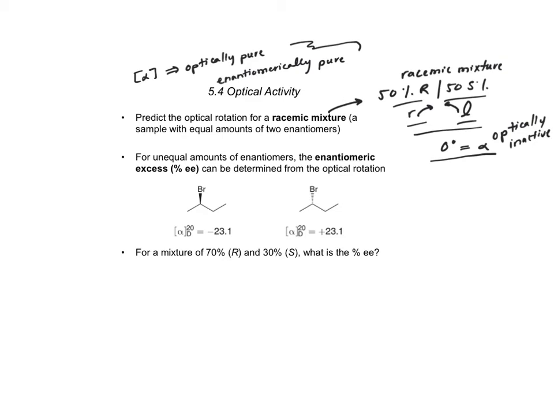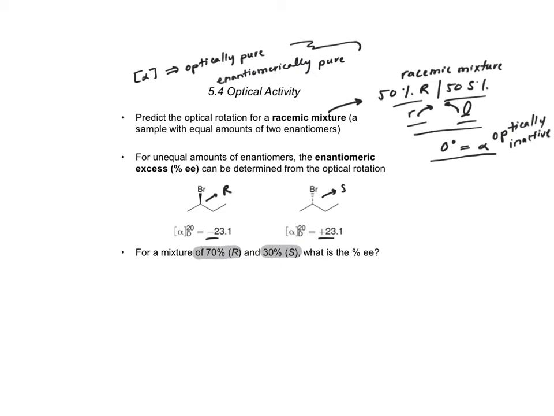So instead of a 50-50 mixture, let's say we had a mixture that was 70% of the R enantiomer and 30% of the S enantiomer. Remember that R was this guy, it rotated light to the left, which was negative, and S rotated light to the right, which was positive.